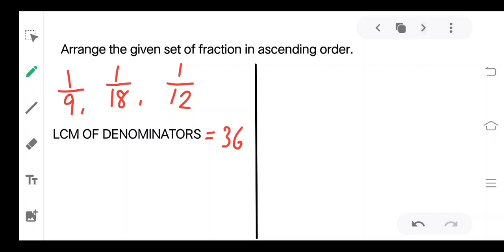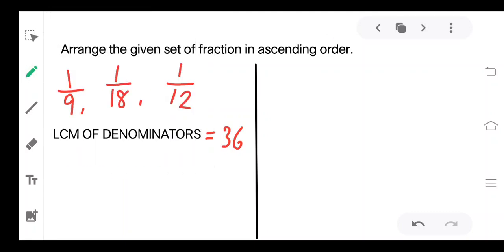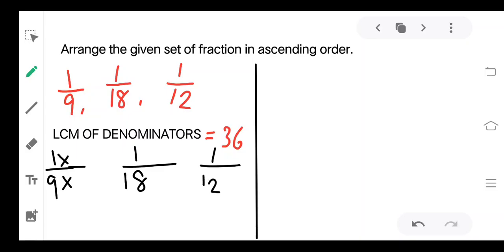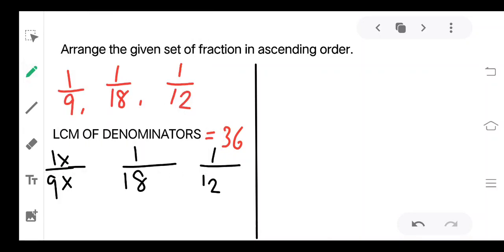So what we have to do is, for 1 upon 9 and 1 upon 12, the number I multiply with 9 to get 36 is 4.